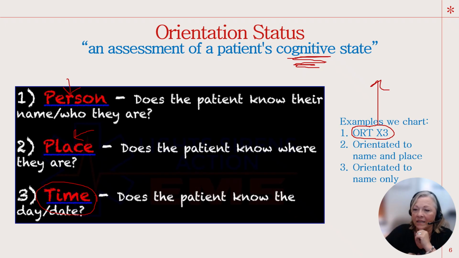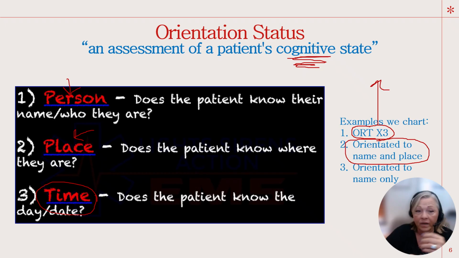We automatically know that time they weren't orientated to. If you wanted to be more detailed and do it a step further, you could add orientated to name and place, comma, not to time. That's okay. But this is accepted just to state what they are orientated to. By default, we know what they aren't orientated to.